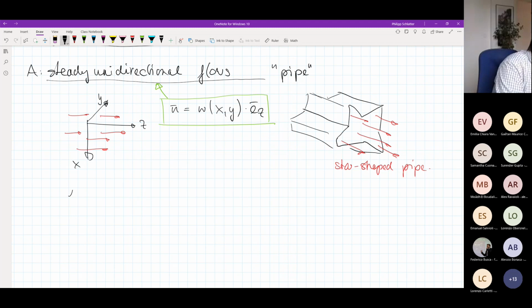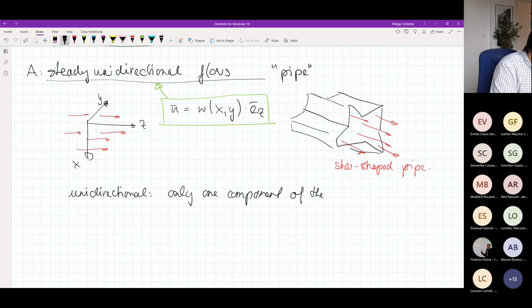Just to be very clear, I write it down again. Unidirectional means only one component of the velocity vector is non-zero.